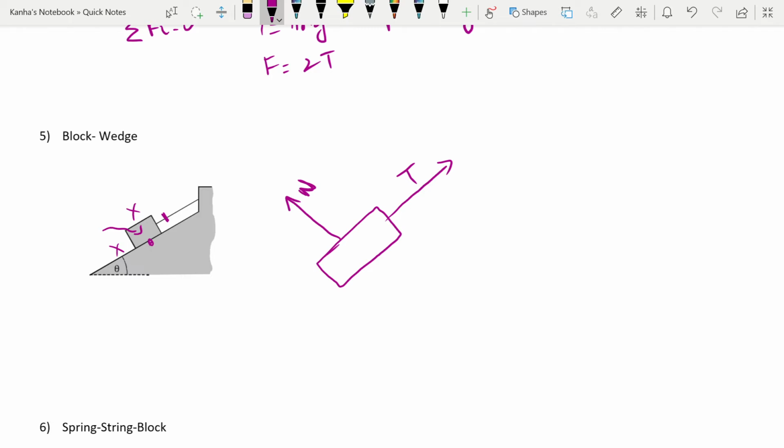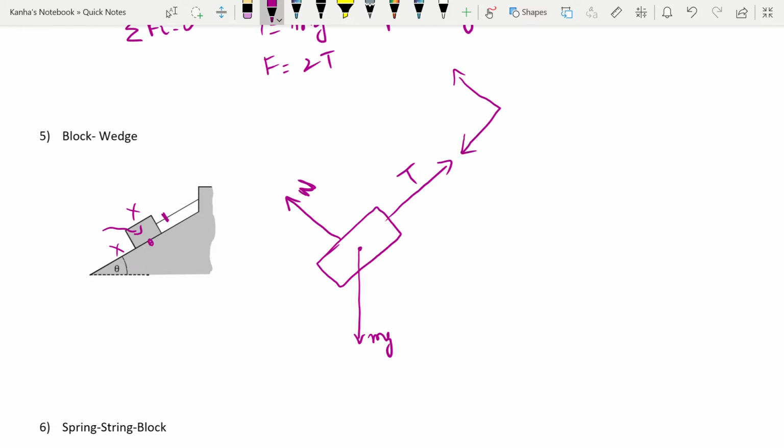Now, if this is the center, there is a non-contact force, gravity, in the downwards direction. Now you can resolve either N or T depending on how you want to make your coordinate system. Generally in sliding motions on a wedge, people tend to choose a coordinate system which is along the wedge, something like this.